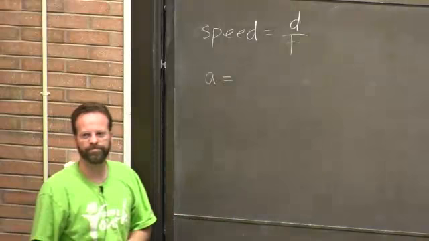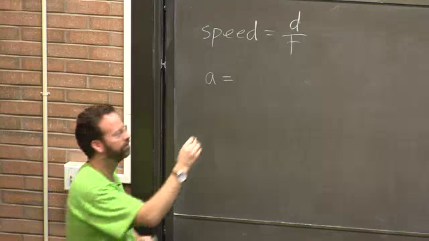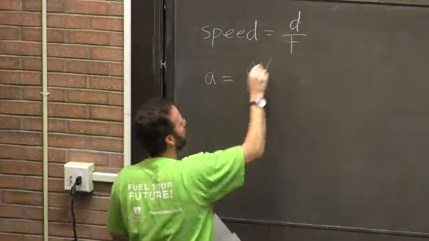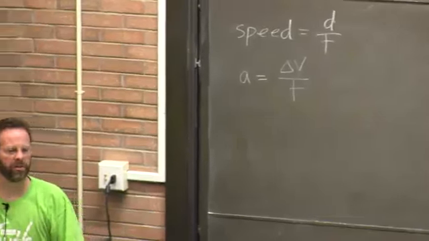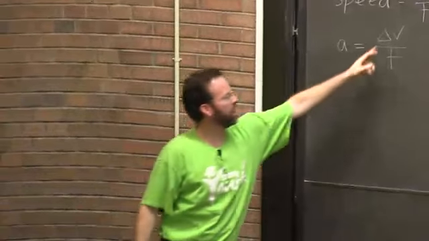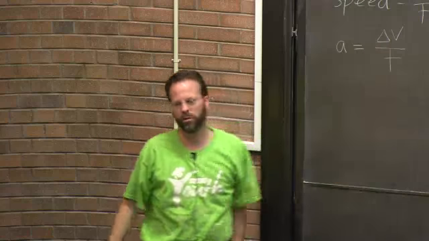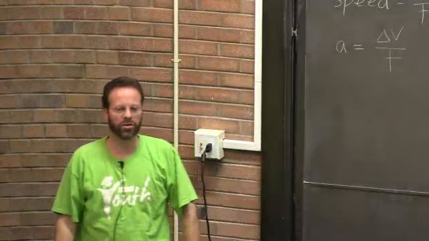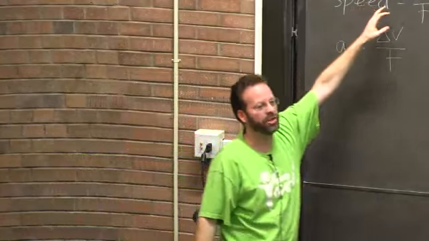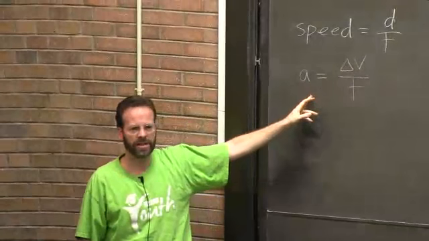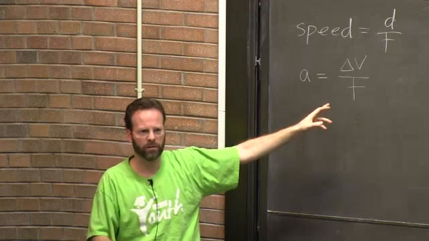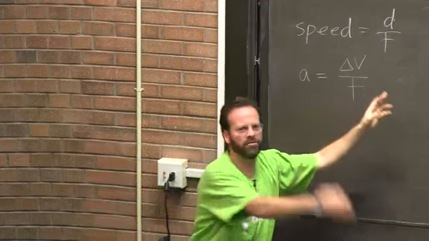Acceleration was what? I heard it. Good. Change in velocity over time. So speed and velocity are how fast you're going, and acceleration is how quickly you're changing how fast you're going.